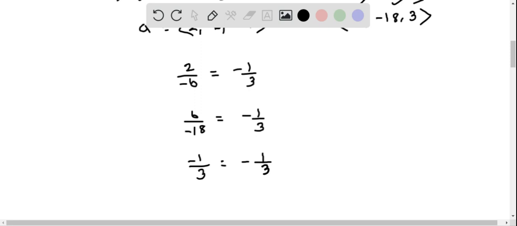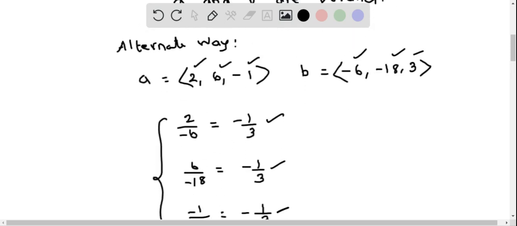And so we are now able to see that the ratios of the vector components are all negative 1 by 3, and they are the same. This means that these two vectors are parallel, that is, A vector and B vector are parallel. This is the alternate way of determining if two vectors are parallel to each other.